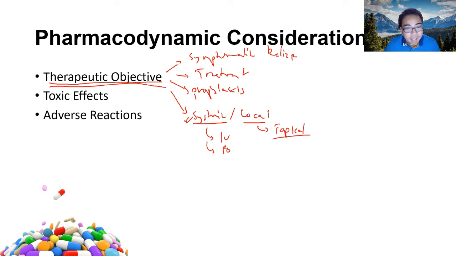Kasi again, safety will always be a number one concern for any drug product. Out of the millions of drug molecules we have discovered now in the world, only a few thousands, or probably 100,000 pa lang ang nagagamit. Bakit? Because safety has always been a primary concern. Right? And adverse drug reactions.